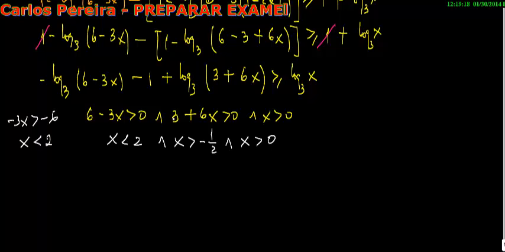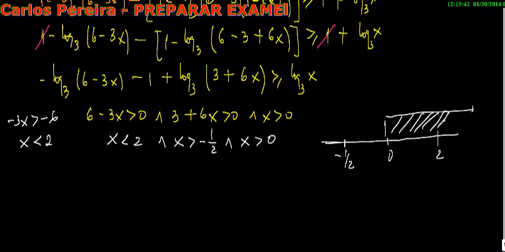So now I must find the solution of this. So I'm going to draw here a line. I'm going to put here the numbers. The first one is minus 1 over 2, the second one is 0, and the third is 2. Let us see. x greater than 0 is over here, okay? I'm going to draw this in white color.